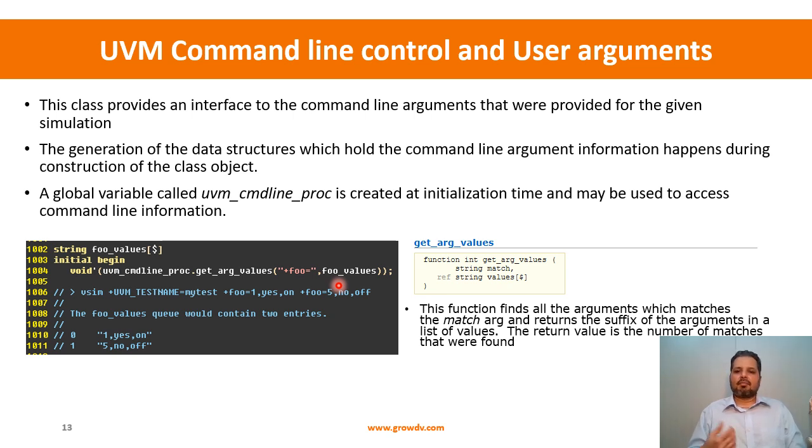The crux of it is you can use the command line proc object, you can use get_arg_values, and you can use whatever argument value you intend to pass on the command line and extract those values. The values will be returned as a list, and you can further process that to modify the behavior of a certain component or a test as per your requirement.